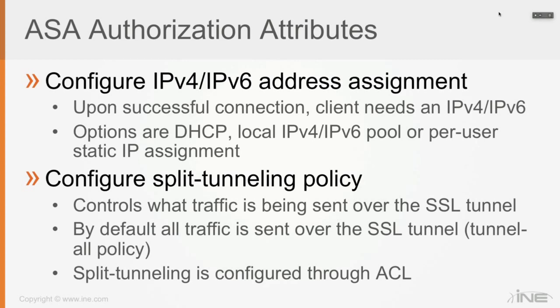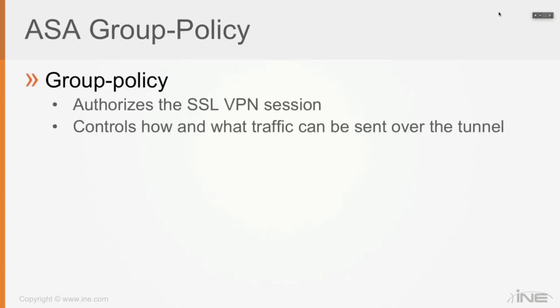Those are only authorization attributes, but we have to apply those somewhere. That's going to be under the group policy, which contains, as I said before, post-login settings. So once the VPN session is up, we need to control what traffic is being sent in that tunnel and how it's being sent. So the group policy authorizes the SSL VPN session.